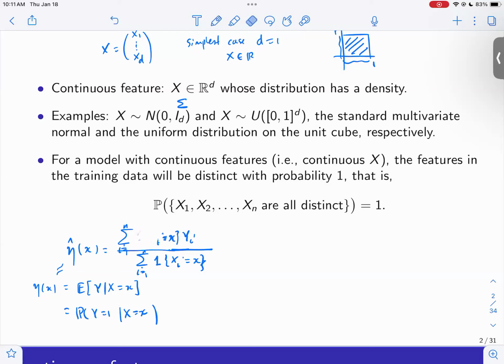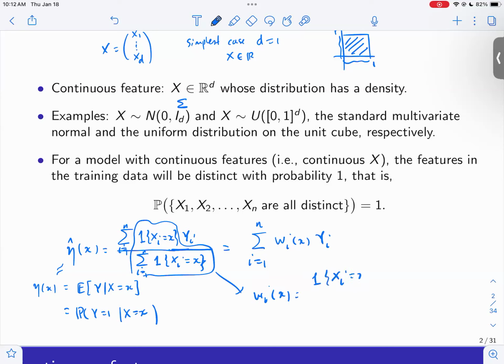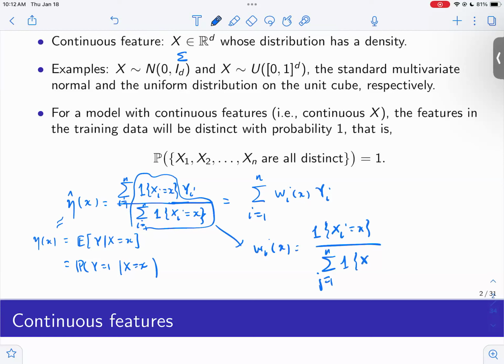In the discrete case, I can also write it as the summation from i equals 1 to n of wi of x times yi, where the weight w of x is the indicator xi equals x divided by the sum over j of the indicator xj equals x. I'm using a different index j to avoid confusion with this i here.